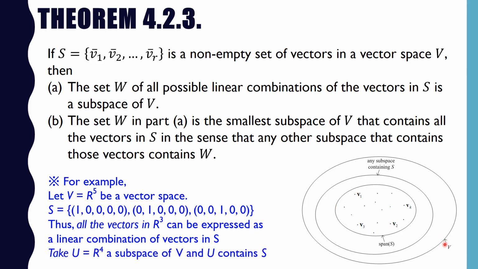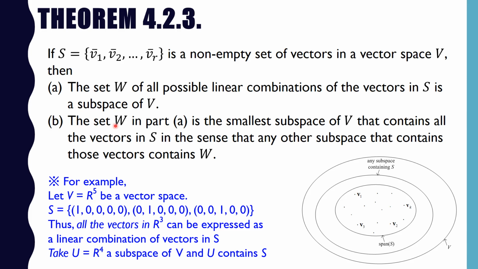Further, if we choose any subspace containing S, for example, if we are choosing R4 vector space as a subspace of R5, which contains these three elements in S, then this R4 subspace contains the subspace R3, which is generated by the set S. That is the meaning of the second statement.